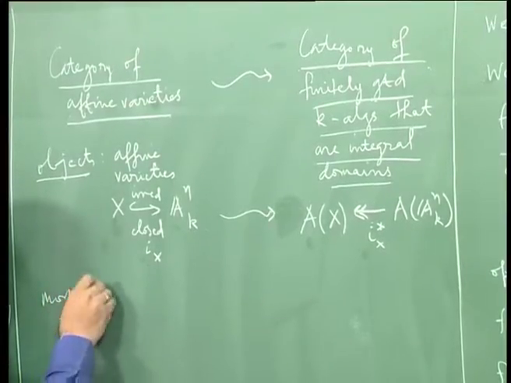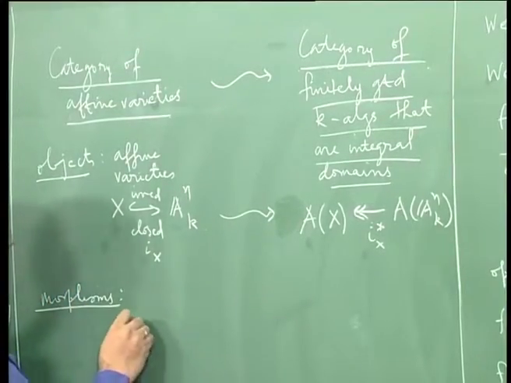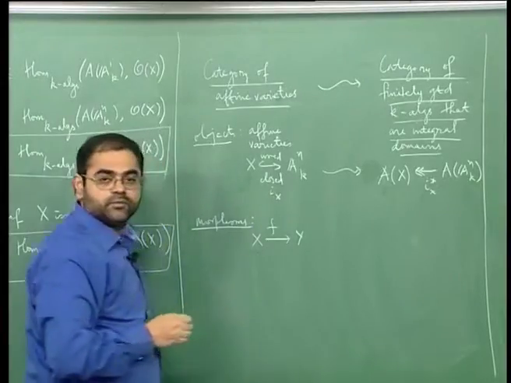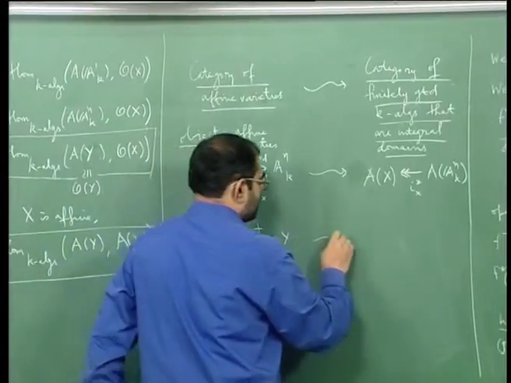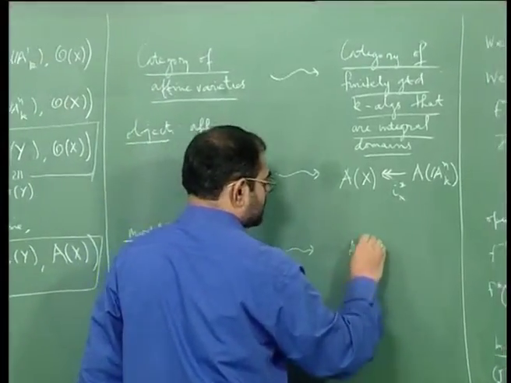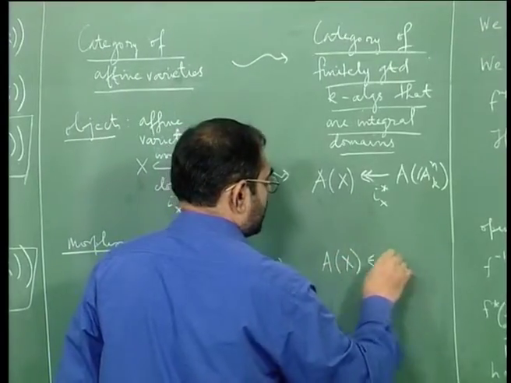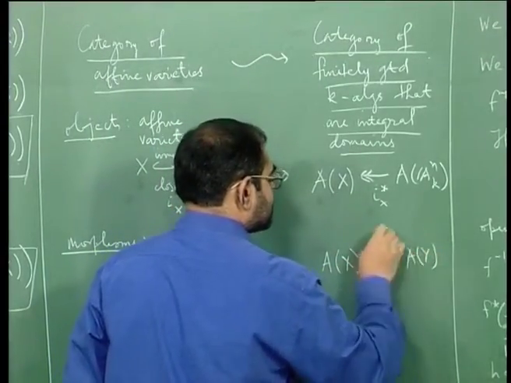If you have X and Y two affine varieties and a morphism f, then that will give rise to a map on this side that will go the other direction, from A(Y) to A(X). And that is just f star, the pullback.